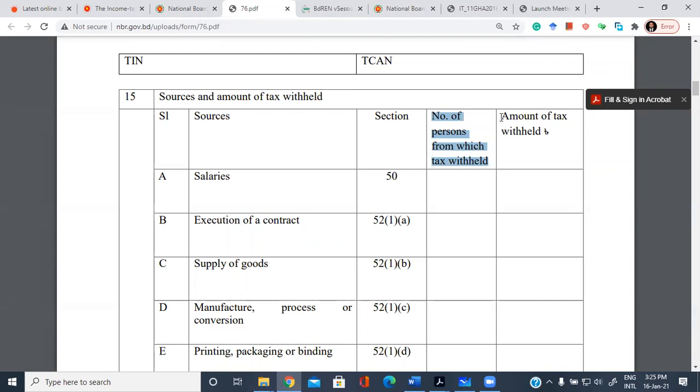And you see the amount of tax withheld. The tax deducted at source from the payee's perspective, the person who is receiving the income or salary, is known as the amount of tax withheld from the perspective of the entity that is collecting it.